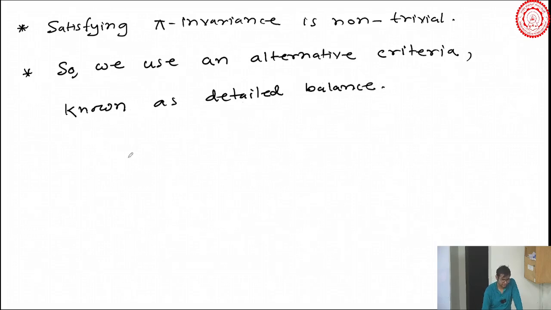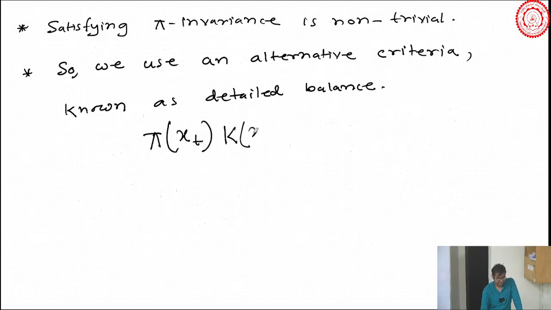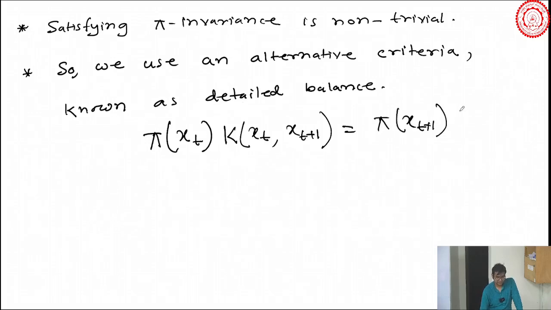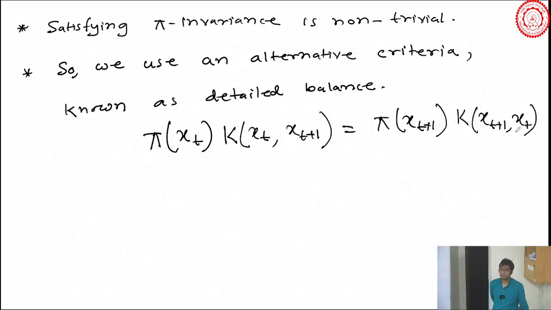Okay, and this detailed balance takes the following form: pi of x_t K(x_t, x_{t+1}) will be equal to pi of x_{t+1} K(x_{t+1}, x_t). Okay, this is known as the detailed balance condition.